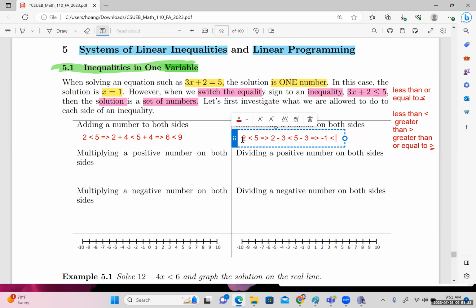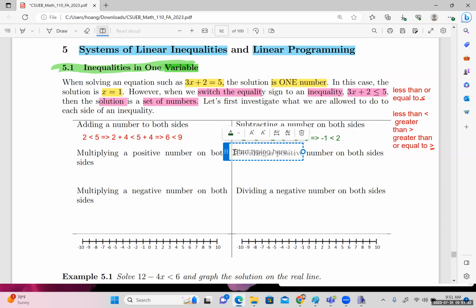Is that a true statement? Let's check. 2 minus 3 is -1, and 5 minus 3 is 2, so -1 is less than 2. This still works. So subtracting a number on both sides still works and will not change the direction of the inequality.